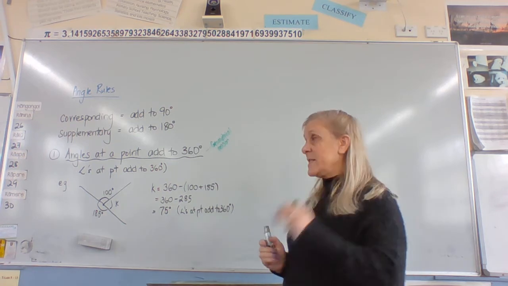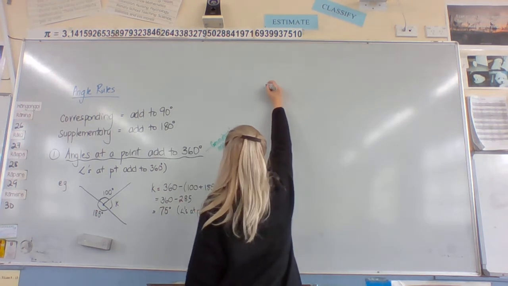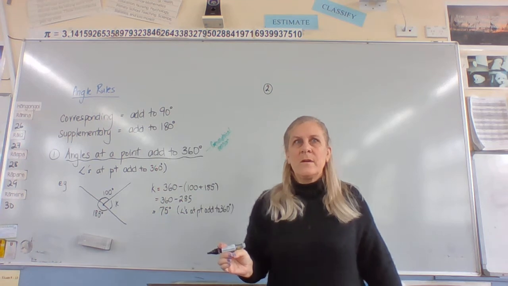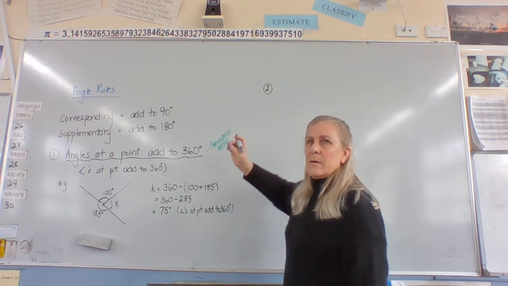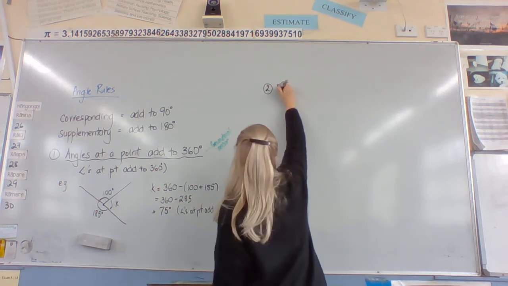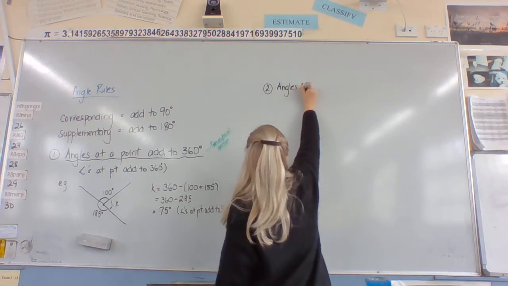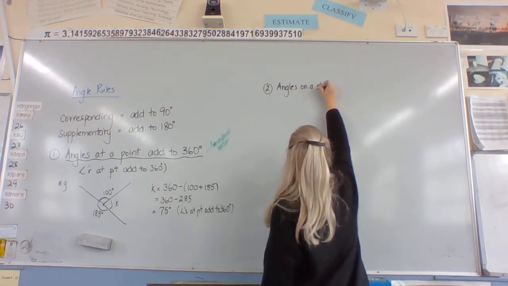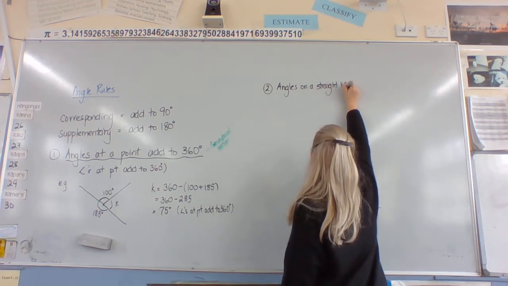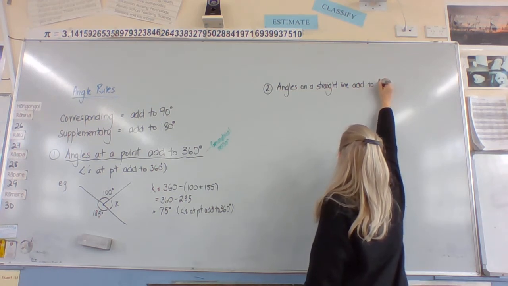We're doing 3 today, so that's the first one. You did that for a whole period last year. So this one, anybody guess what it's going to be? You did do these last year, didn't you? Lots and lots, particularly nodding heads. Angles on a straight line, not that there's anything but straight lines, add to how much? 180.